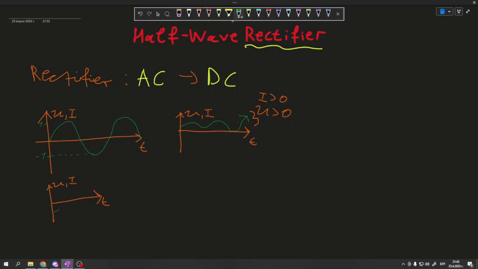Let's make it like this. But check it out, it doesn't go into the positive region. If it goes into the positive region, it means it's AC. So this may be minus 1 volt.